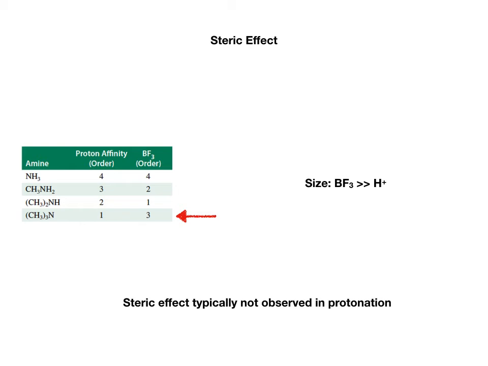The reason being, trimethylamine is the largest base, and the 3 methyl groups around nitrogen make it difficult to interact with the boron atom on BF3, and that makes the interaction between nitrogen and boron much weaker than, for example, in the case of dimethylamine.